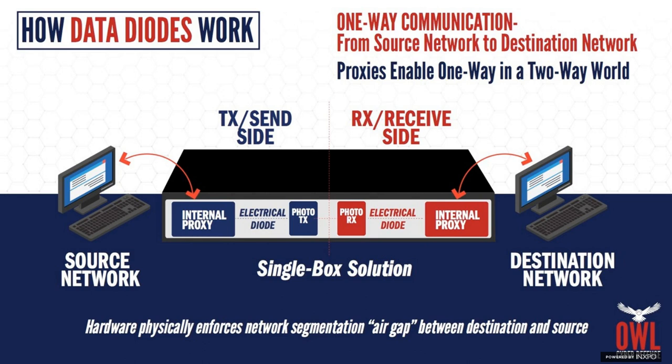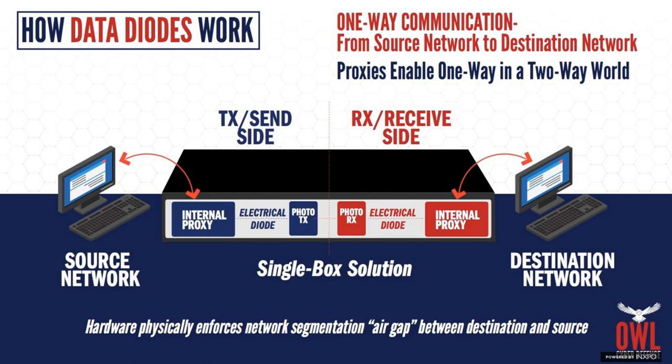What occurs is the source side of the data diode has a proxy, and it terminates the TCP/IP session. It could also terminate a Modbus session. It could terminate an OPC session. It could terminate a PI historian replication session. Whatever it is, either at the transport layer or at the application layer, it'll terminate that session.